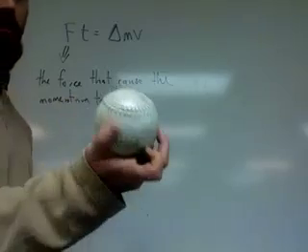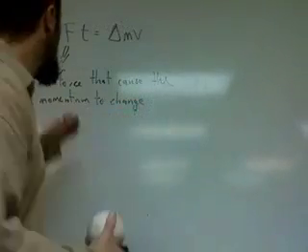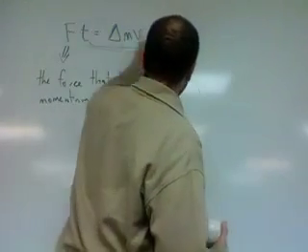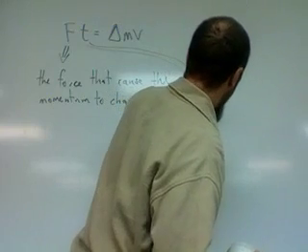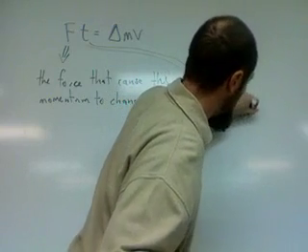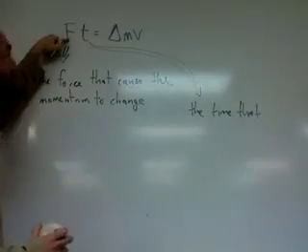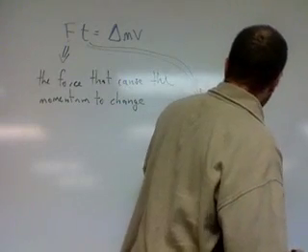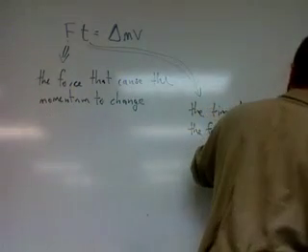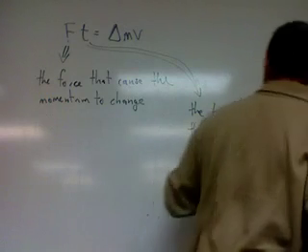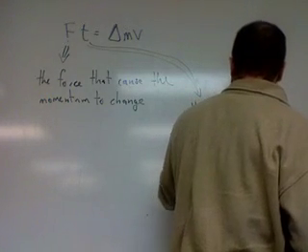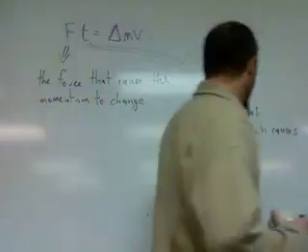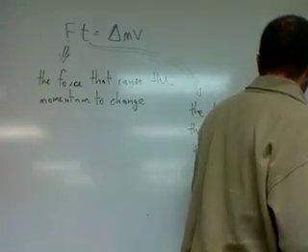If we're talking about hitting this with a bat, it would be the force from the bat. T here is not just any random time. T is the time that this force, the force which causes the change in momentum, is applied.